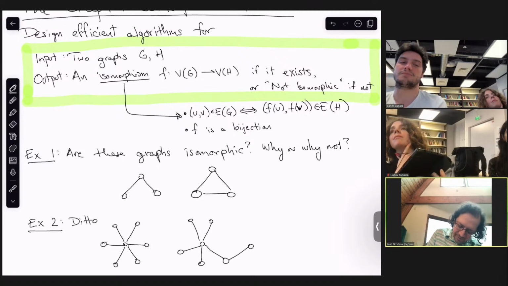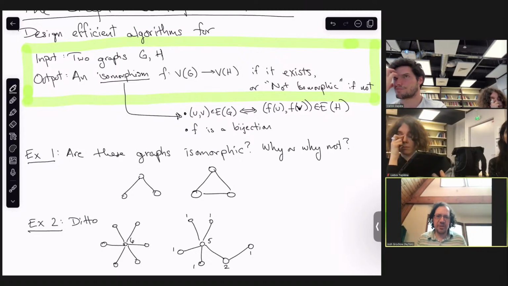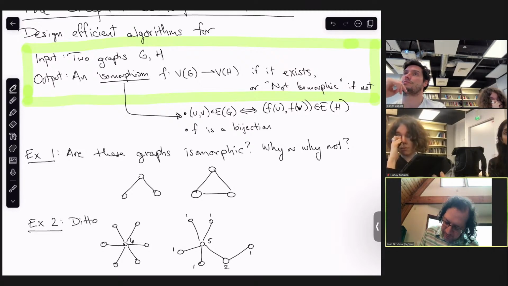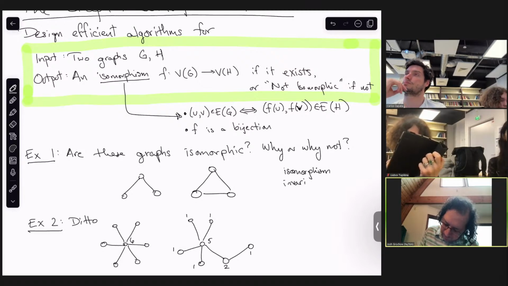So here we have this sort of local invariant where this is a degree 6 vertex, this is degree 5, and actually, it's not just that, it's that in this other graph, there are no degree 6 vertices. So for the first one, our isomorphism invariant was just the number of edges.